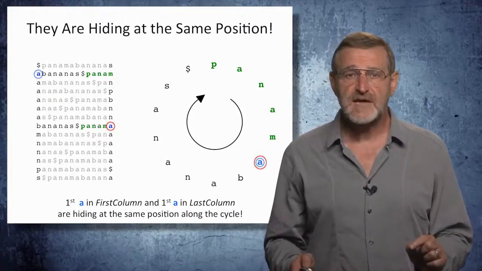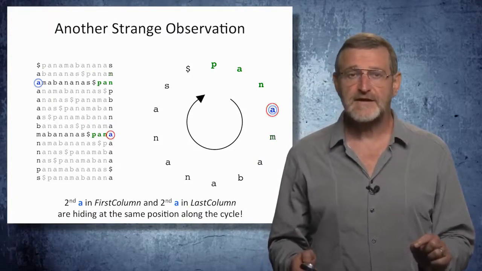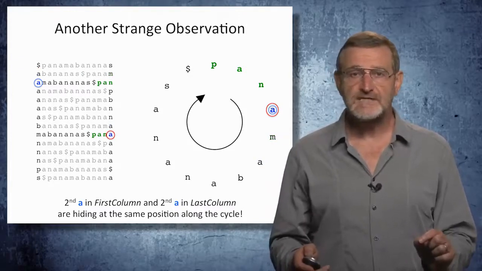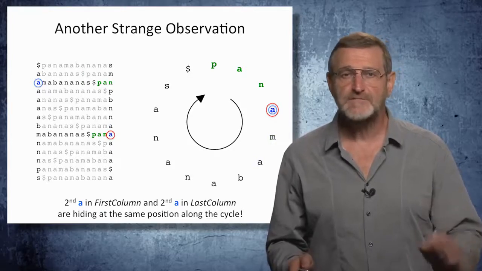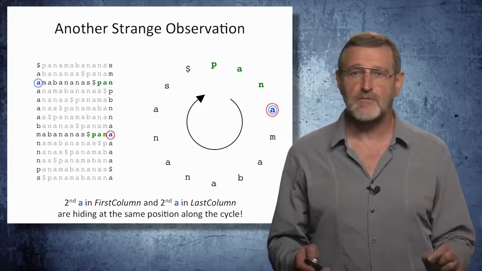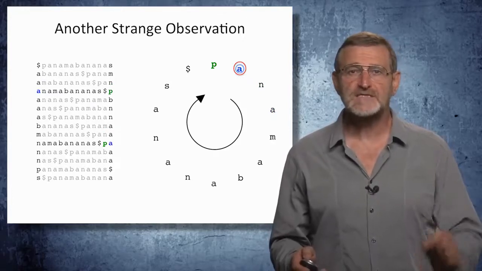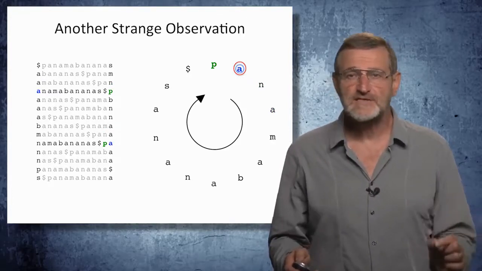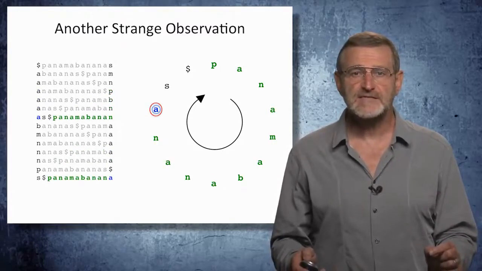Let's ask the same question about the second A. And the second A is hiding once again in the same position along the circle, both for the first column and for the last column, right after Pan. The next question we will ask: where is the third A hiding? And it's once again hiding in the same position, the same here, the same here, and the same here.